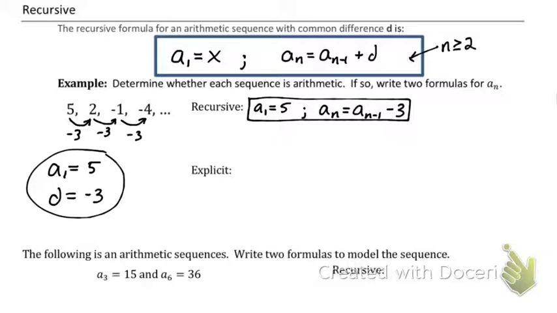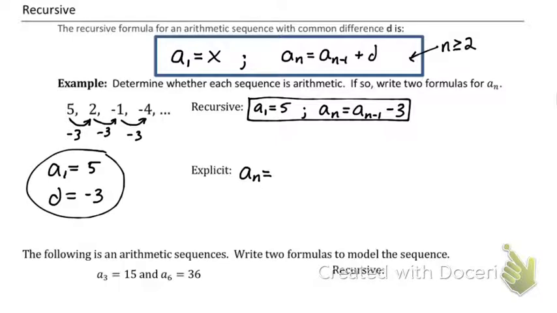Otherwise, this stays the same. The easy way to remember this is just the term you want equals the term before it minus 3. That's why we're practicing saying that. So if you just remember the term I want equals the term before it plus d, that's an easier way to remember it.